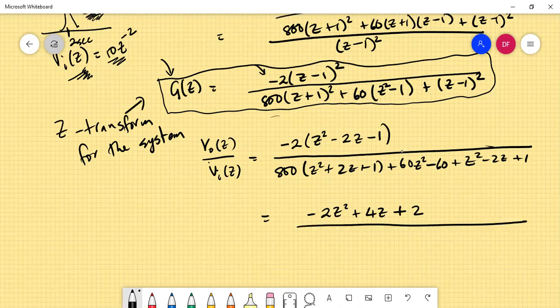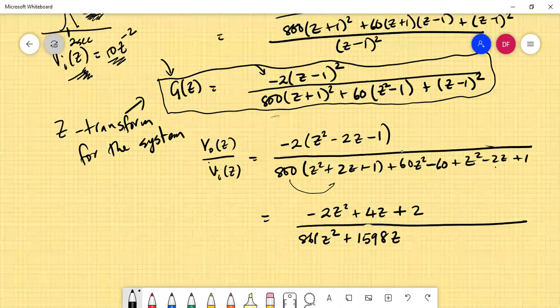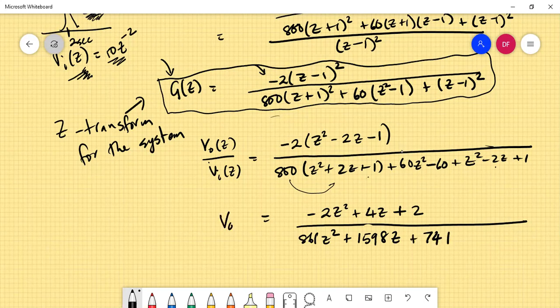So 861 z squared, 1600, minus 2. I must have made a mistake. So 1598z, and this is 800 minus 60, that is 740 plus 741. So we have our nice and messy result.